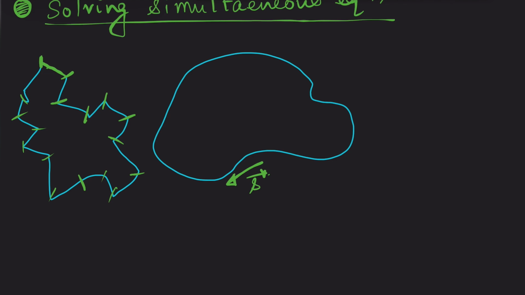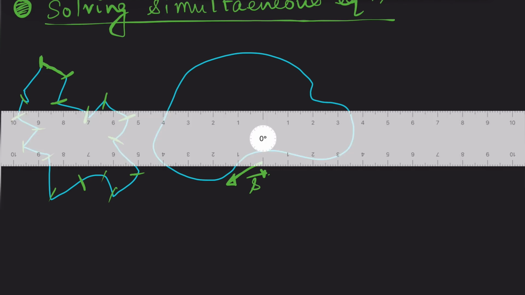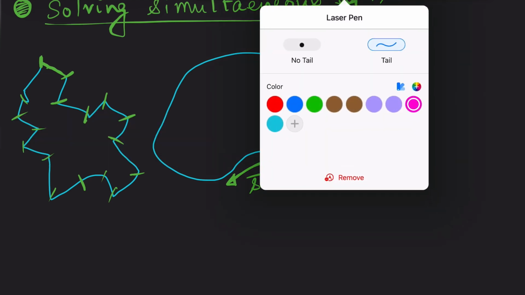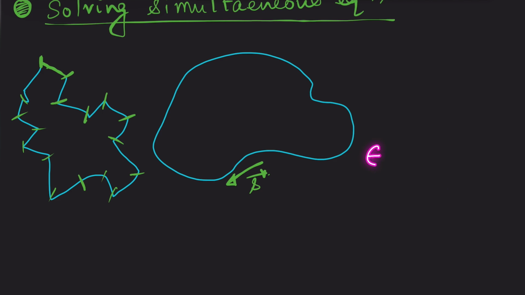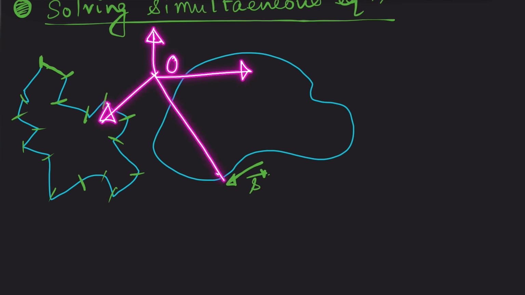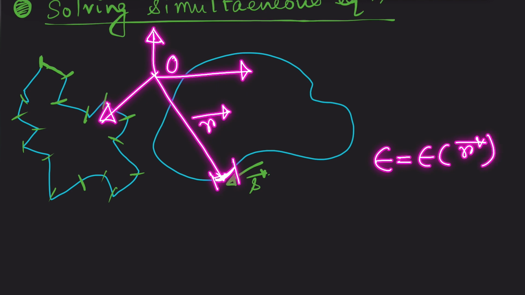So all the properties, maybe epsilon, are a function of S. Or if I have a coordinate system where this is O, and I take an infinitesimal surface element here, and R is the position vector of the surface element, then my epsilon is a function of R. So it is continuous.